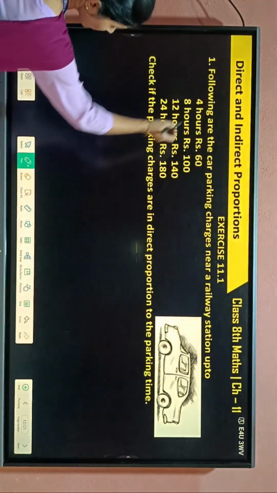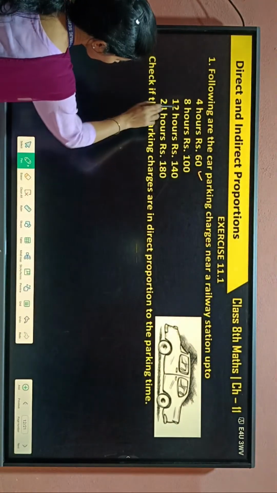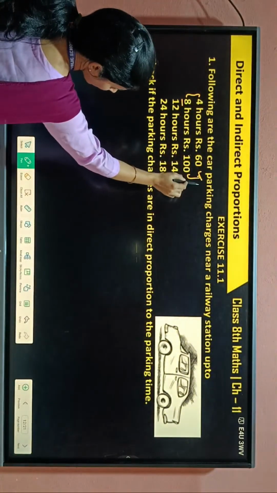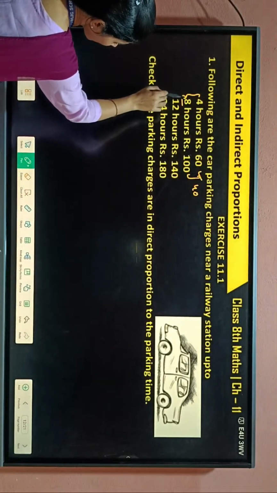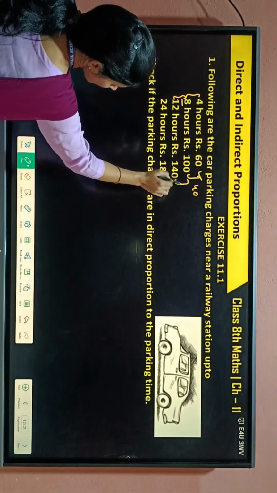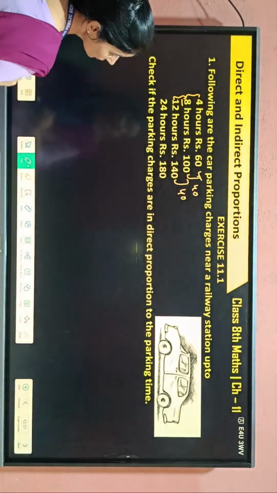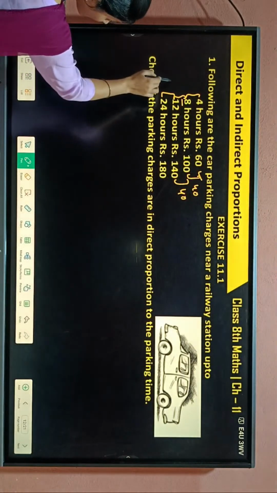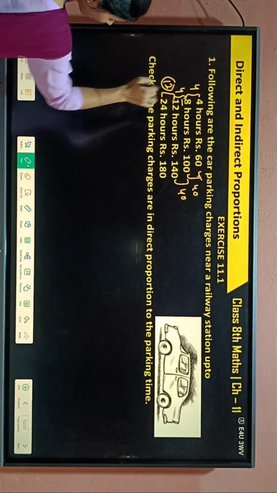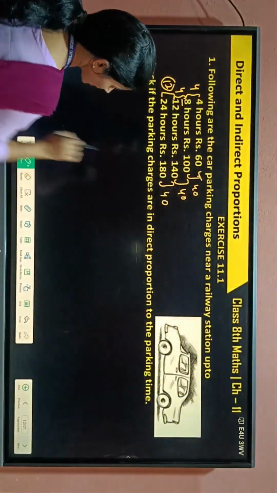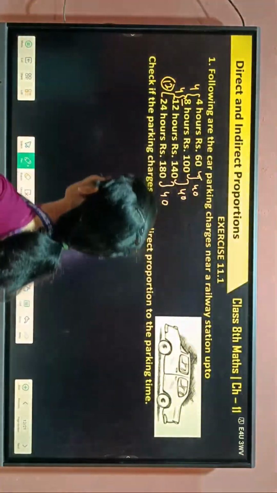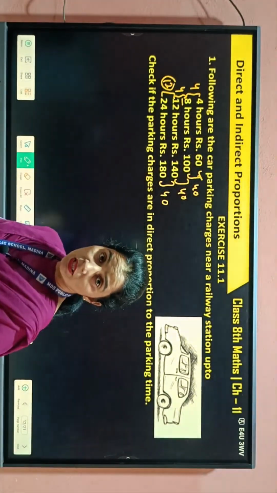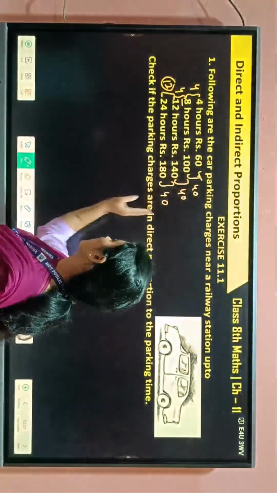Let us see this: 4 hours, then 60, then 8 hours, the time is double and the difference is 40. Then the next 4 hours, there it is 140, again a difference of 40. And now the number of hours increased to 12. These were 4 hours and the charge difference is 40. These are not in direct proportion because as the number of hours increased from 4 to 12, meaning a 12 hour difference, there is still a charge difference of 40.